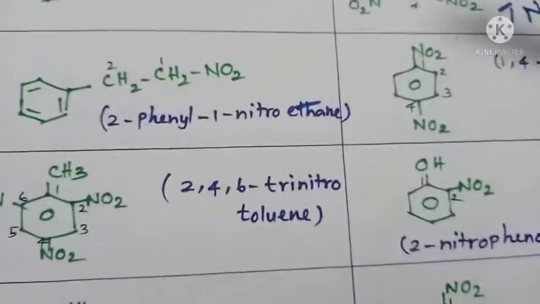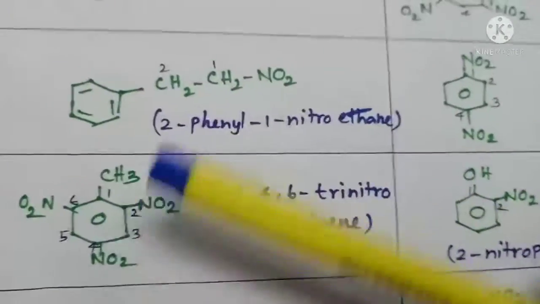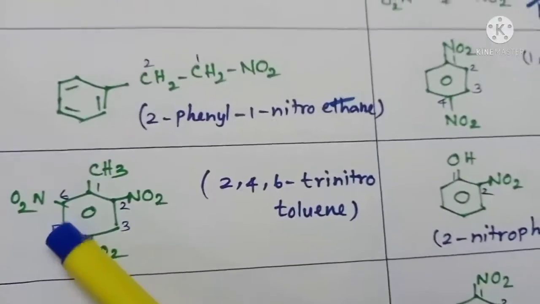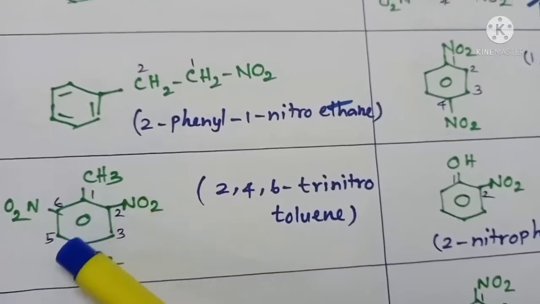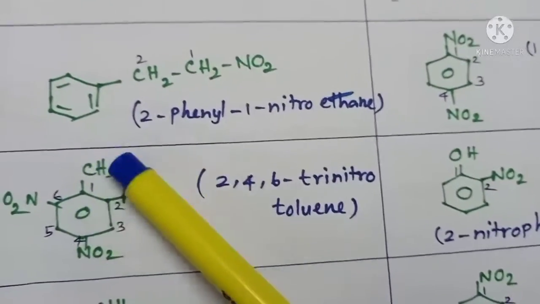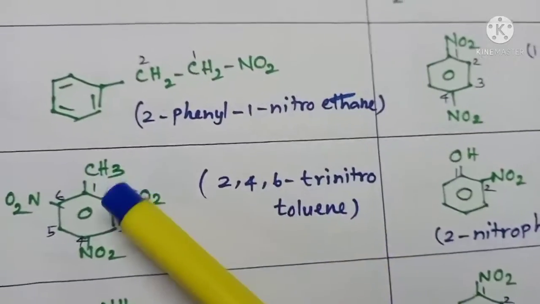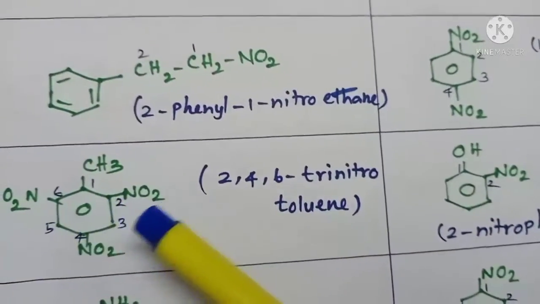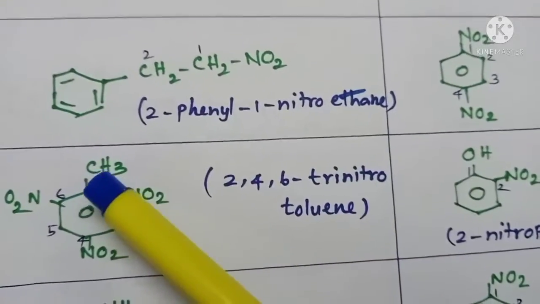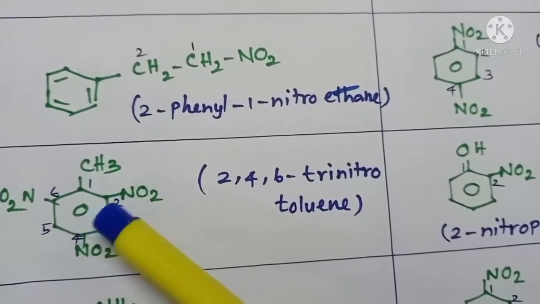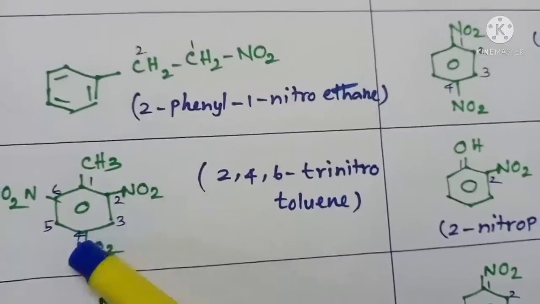Okay, right. So next one, benzene with a methyl group and 3 NO2 groups. Here, benzene with CH3 is considered as the parental compound, which is nothing but toluene, isn't it? Then these 3 NO2 groups are considered as substituents, so trinitrotoluene. While numbering, you start with the carbon that carries the CH3 group, so the nitro groups get numbers 2, 4 and 6.